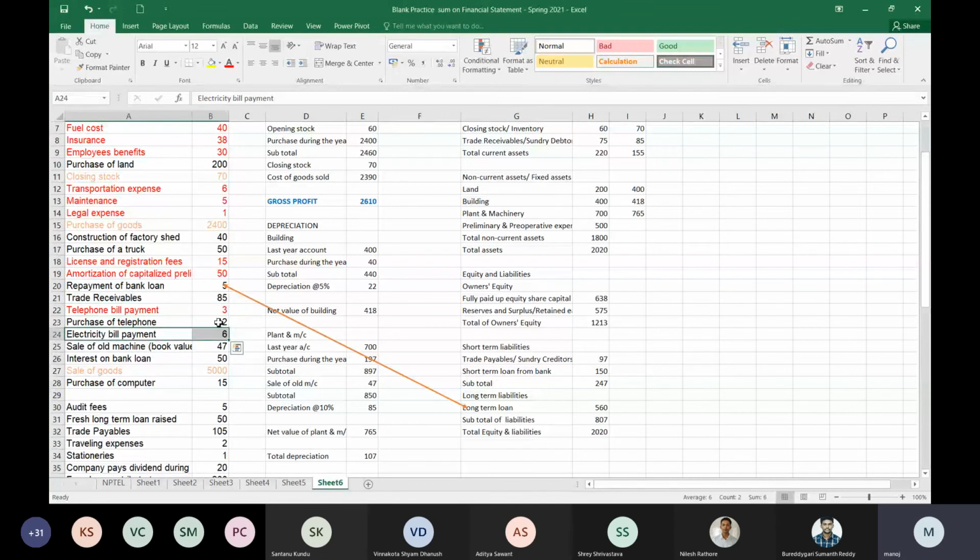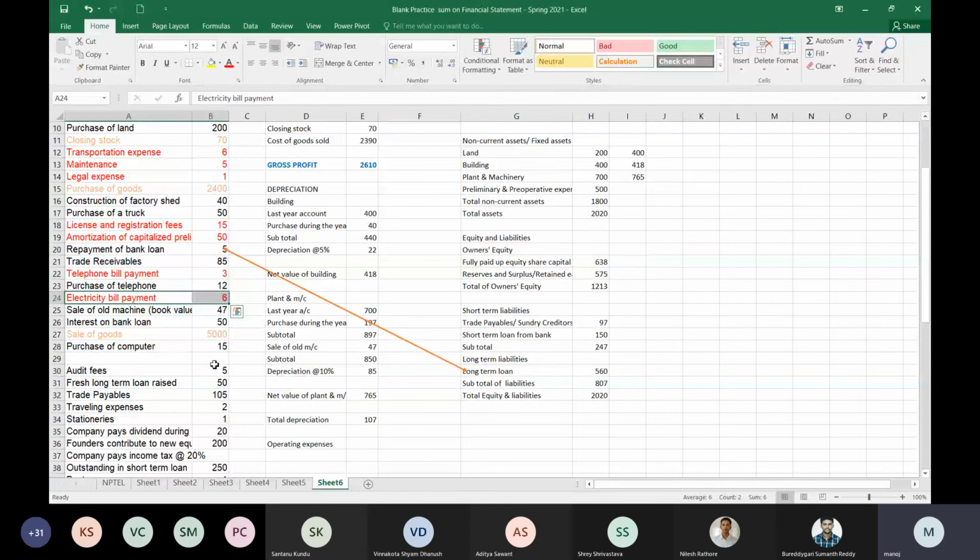Electricity bill payment is very much an operating expense. Sale of old machine has been considered here. Interest on bank loan comes after operating profit, so it's not here. Purchase of computer is a fixed asset and it has been considered while estimating depreciation. Audit fee is one of the operating expenses.